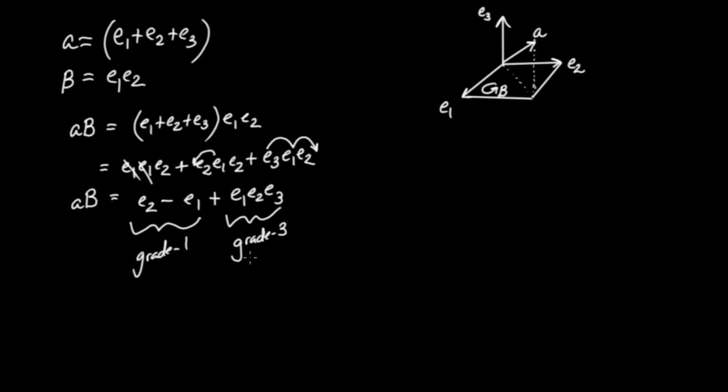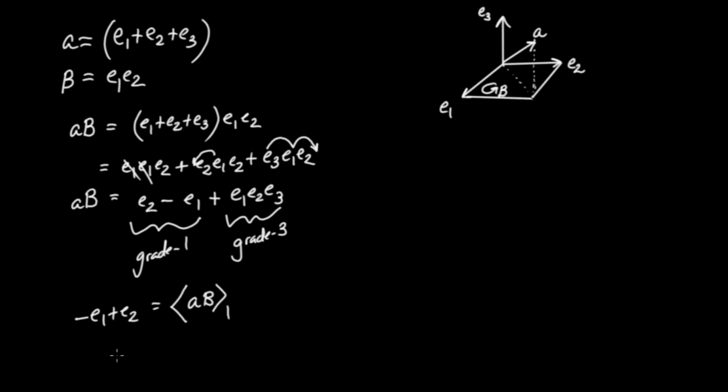And at this point, I'd like to introduce a piece of notation that's going to accentuate that splitting into grades. What I'm going to say is that this first vector part, minus e1 plus e2, is equal to, and here's a piece of notation, the grade 1 part of AB. The grade 1 part is going to be symbolized like this with these angled brackets here, and that number down there indicates the grade that I'm talking about.